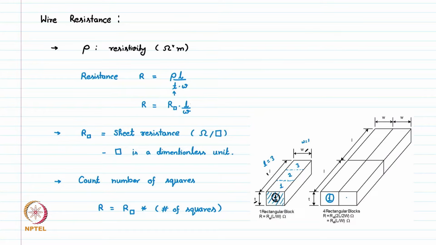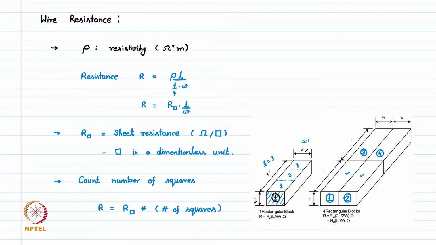Now we add one more wire in parallel, which is 2. This block and this block now have lesser resistance, half the resistance of case 1. If we add two more wires behind them, let us say this is 3 and this is 4.